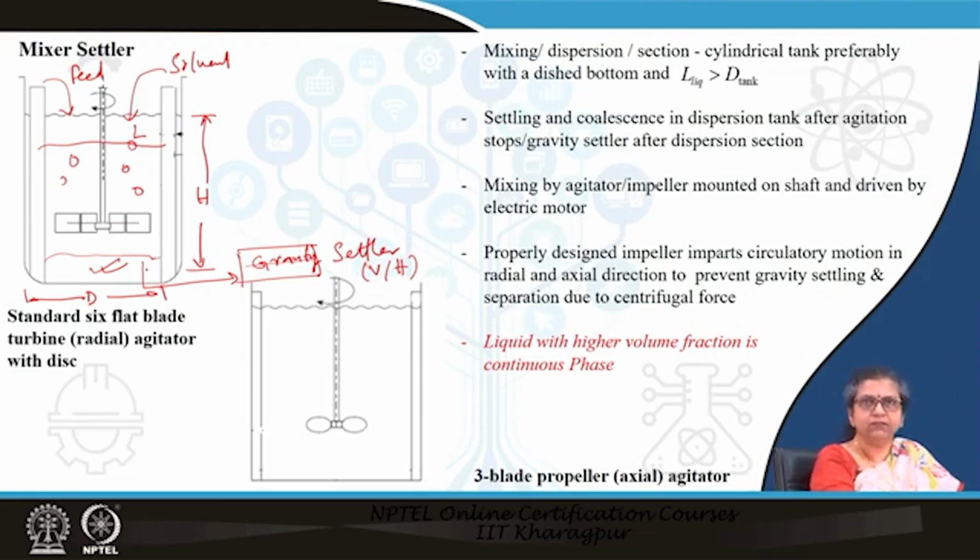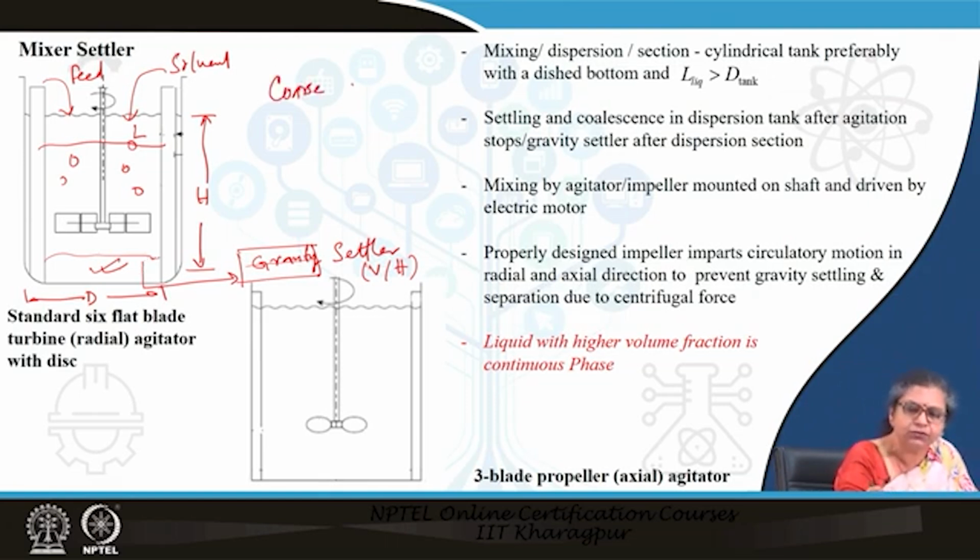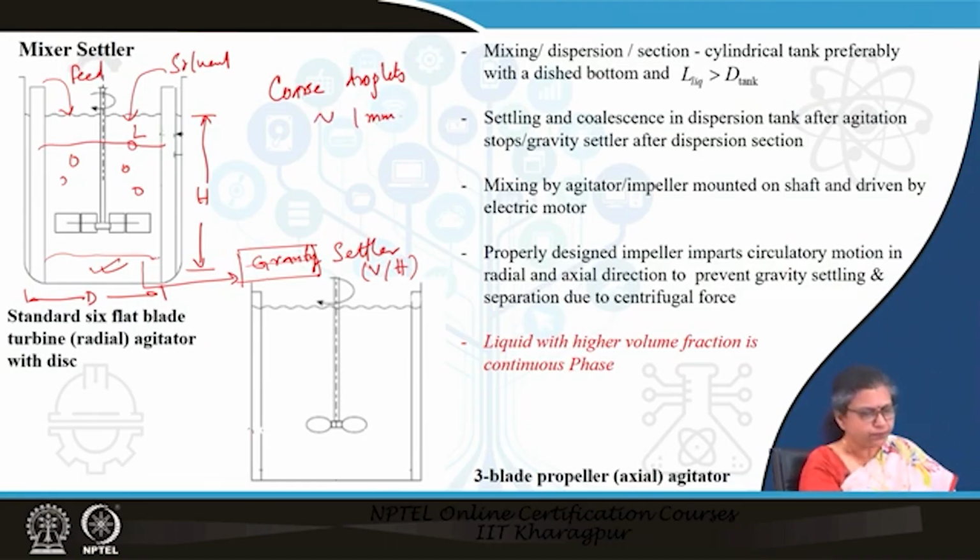As I have mentioned, we would not like to go for very fine droplets, because although they give proper mass transfer, they take a very long settling time. The smaller the droplet, the greater the settling time. So, for extraction purposes, we would like to opt for coarse droplets whose sizes are near about 1 millimeter, and based on that the settler is designed.